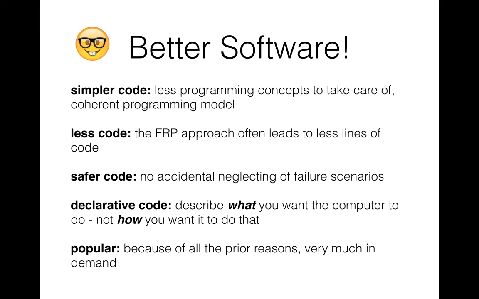And in the Swift world, FRP has become very popular as well, and you can prove that to yourself by checking out the FRP libraries on GitHub and seeing the number of stars they have, or by referring to recent conferences and checking what kind of talks are being given there. Most of these talks will be about functional or functional reactive programming. And that is just because of all the advantages that I mentioned and explained before.